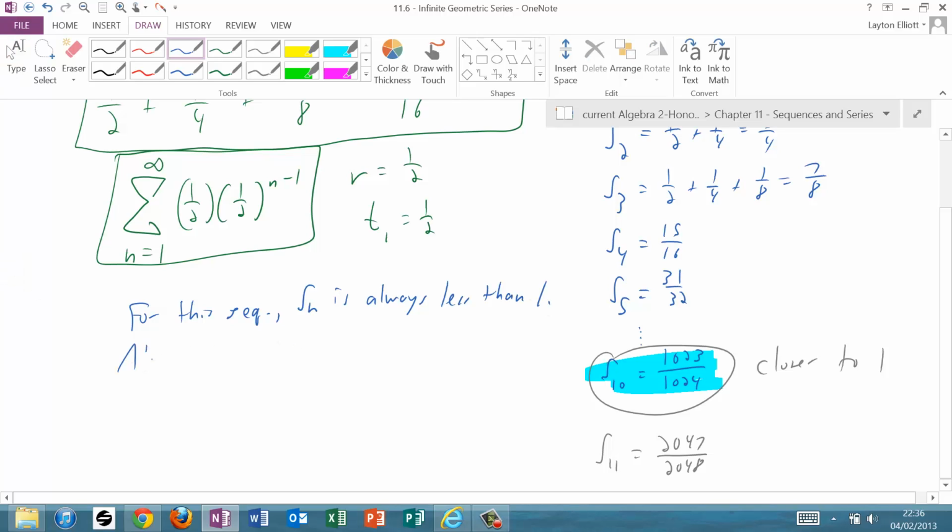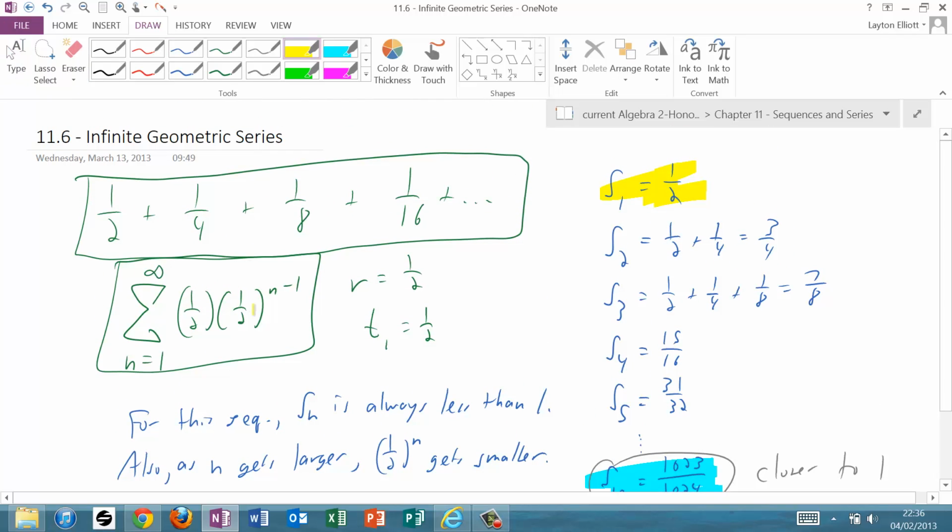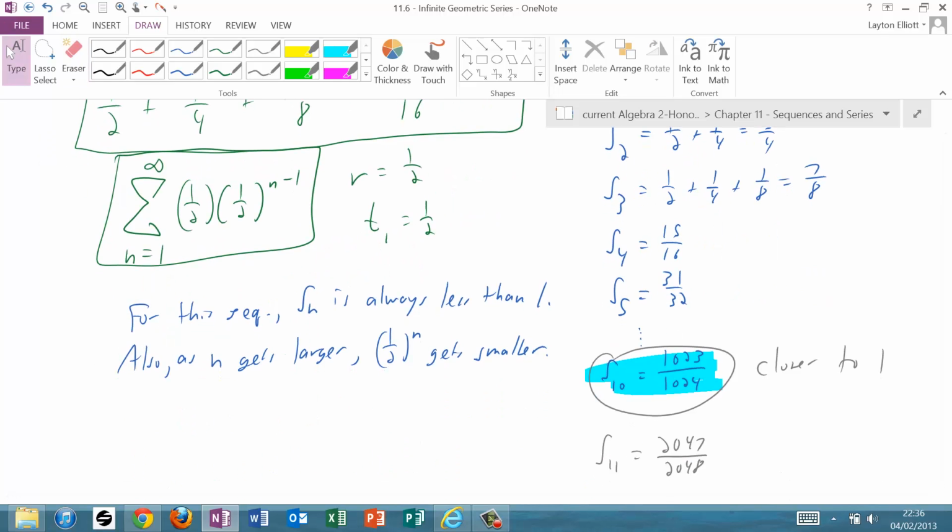But I also know as n gets larger, one-half to the n power gets smaller. Why does that matter? Well, if I look back at the sigma notation, I have 1/2 to the n minus 1. As that n gets ridiculously large, that 1/2 to the n minus 1 gets ridiculously small.